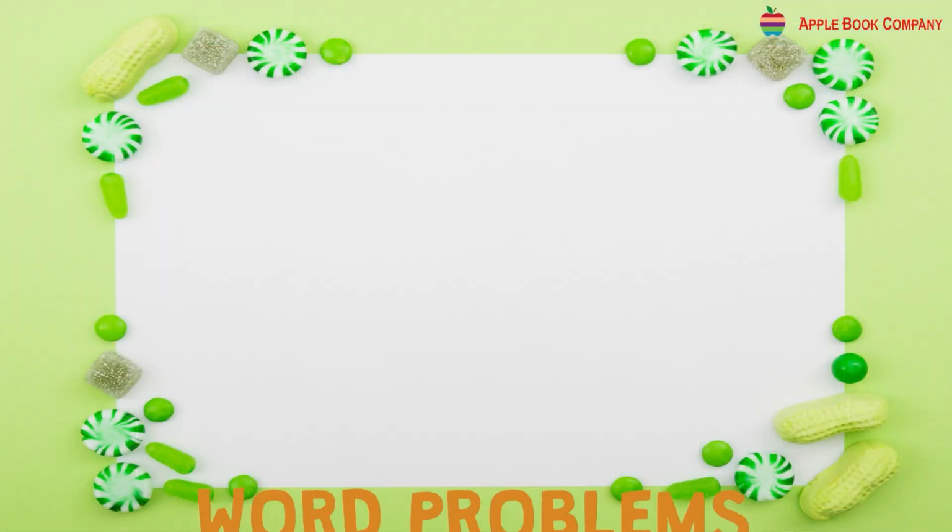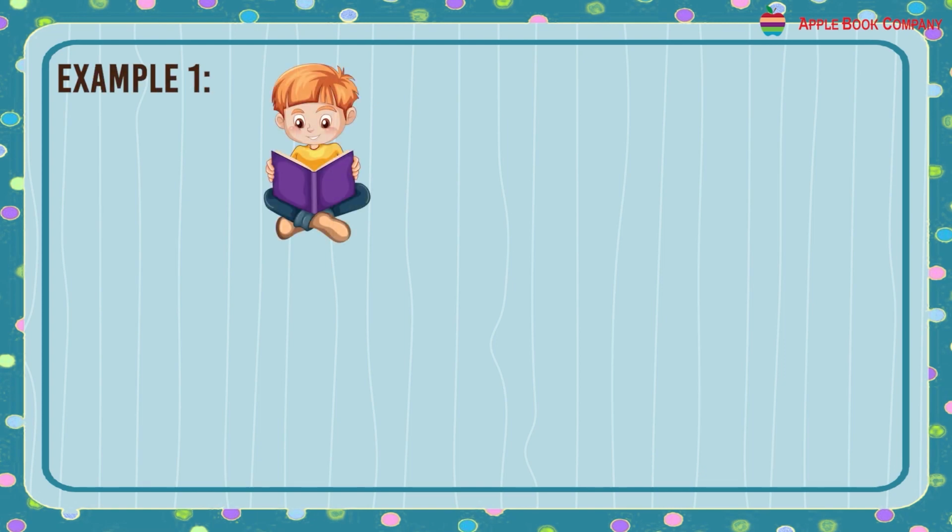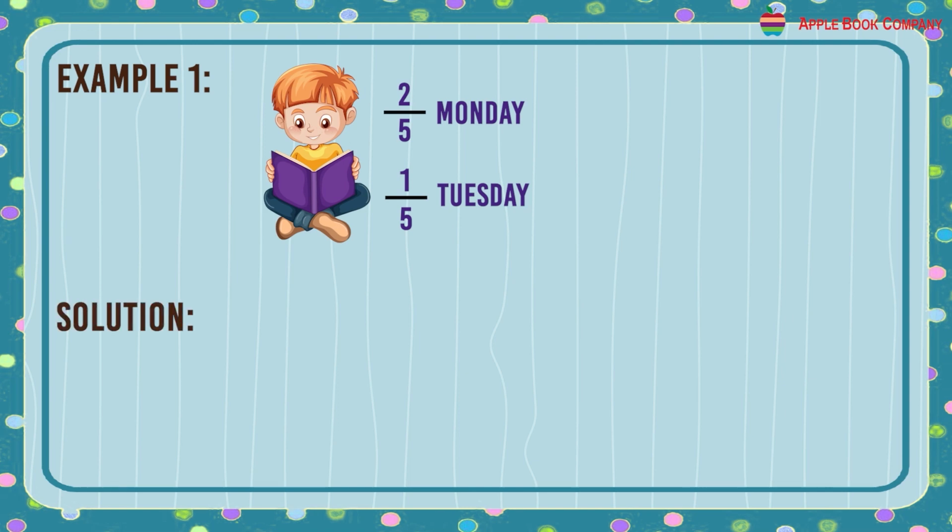Now let us do word problems. Example 1. Stephen read 2 by 5 of a book on Monday and 1 by 5 of it on Tuesday. What fraction of the book did he read in all? Now for the solution, write: fraction of the book read on Monday is equal to 2 by 5.